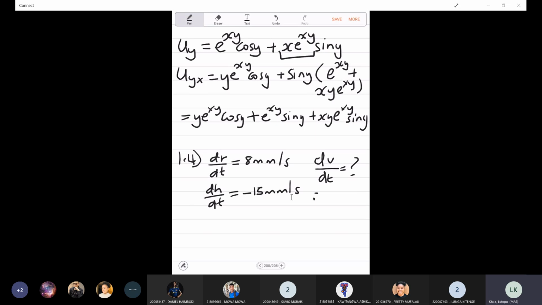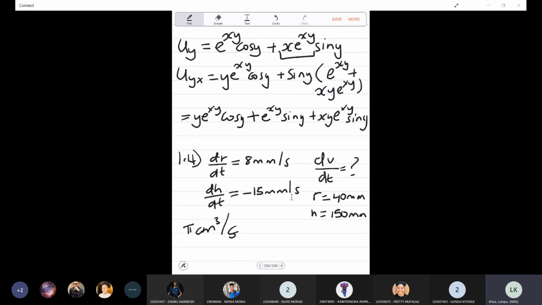When r is 40 millimeters and the height h is 150 millimeters, and we are told to give our answer in pi centimeters cubed per second.